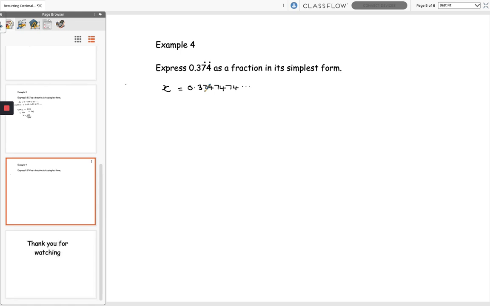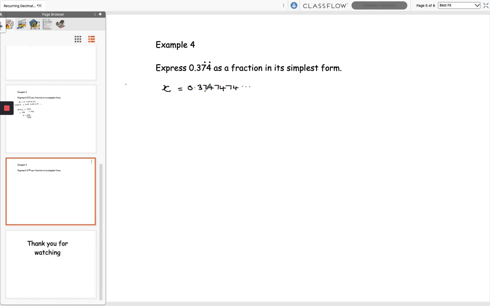So the first thing that I want to do is I want to get that 3 on the left hand side of the decimal point, because I need two numbers that have the recurring group only to the right hand side of the decimal point.